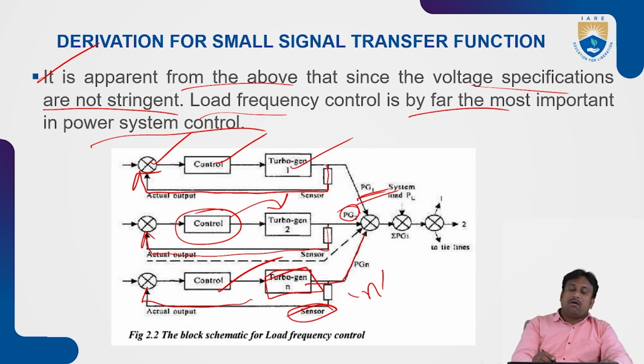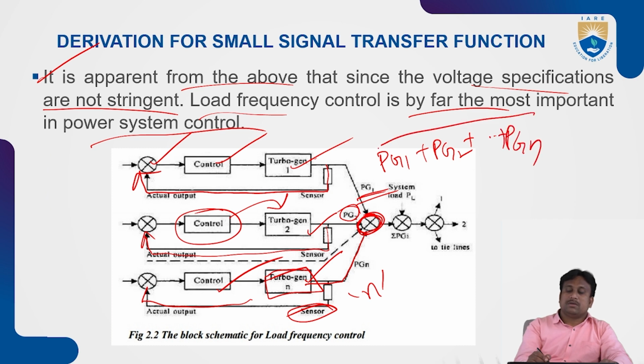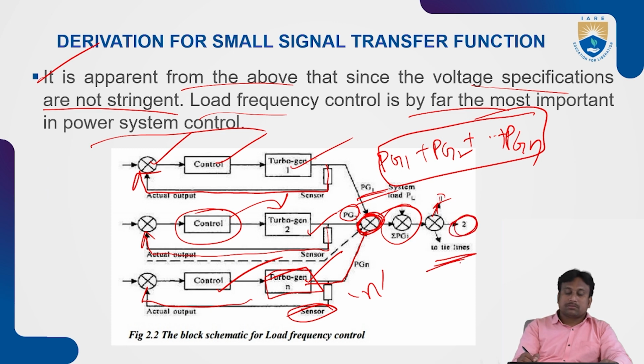That means all these, turbo generator 1, turbo generator 2, turbo generator N, will be summed together as PG1 plus PG2 plus so on up to PGN. So this will be the summing point, sigma PGN. This is then divided as the tie line powers, which will be indicated with 2.